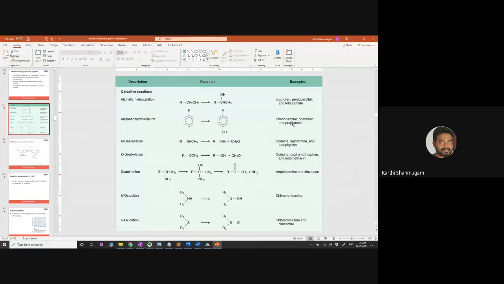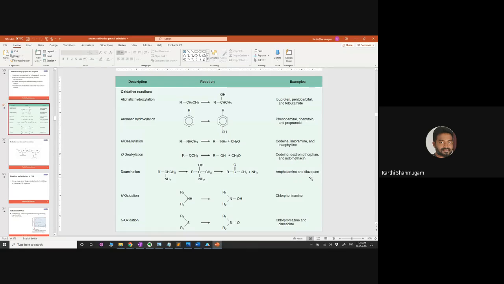And you take codeine in the third one, and using codeine you have to explain how N-dealkylation is possible, and what will be the resulting metabolite. And using the same codeine you have to explain how O-dealkylation is possible, and what will be the resulting metabolite.